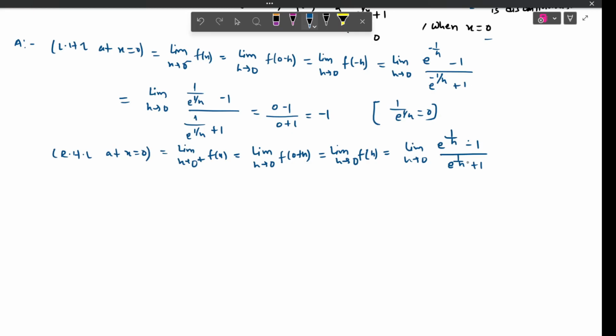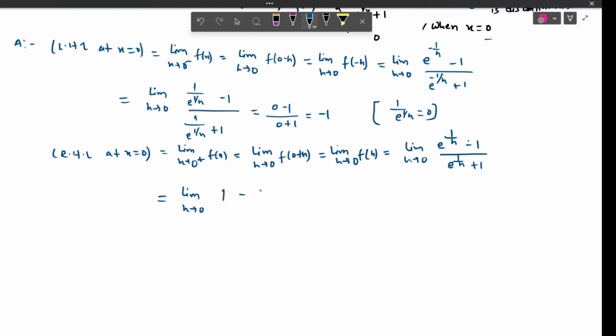So we can say, if you divide numerator and denominator by e to the power 1 by h, limit h tends to 0, the e to the power 1 by h will cancel out.